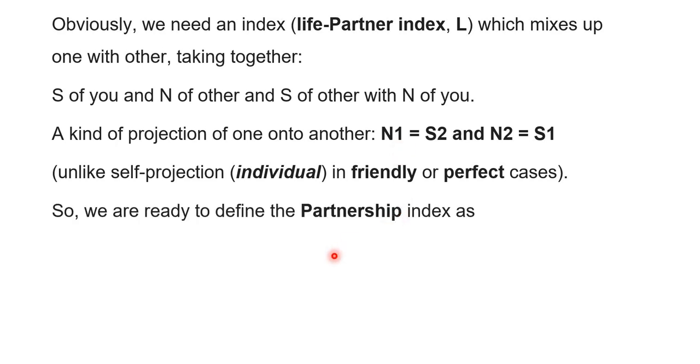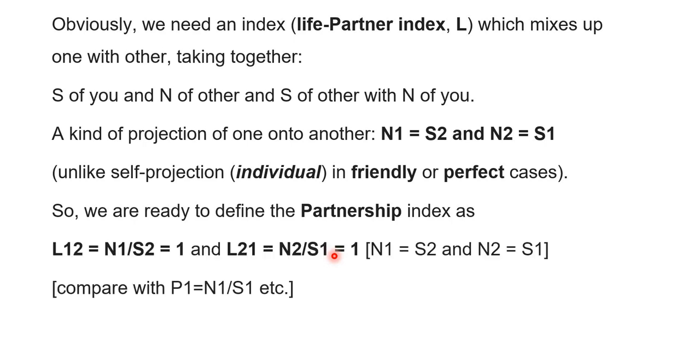So now we are ready to define the partnership index L. Two persons involved, so L12 is N1 by S2. You see, not S1. And that is equal to 1 because N1 equals S2, that we started with as the definition. And L21 is N2 by S1, not S2.